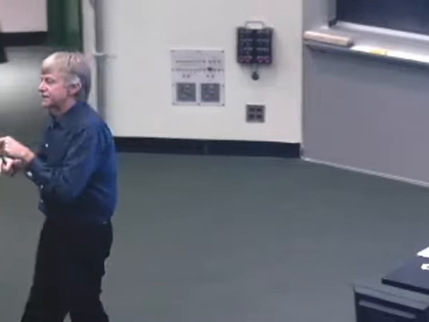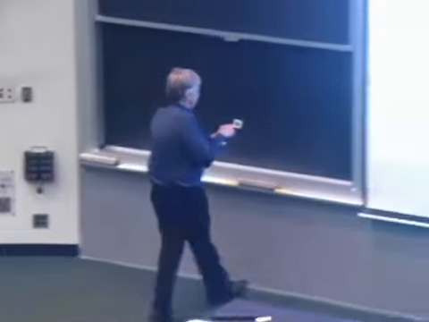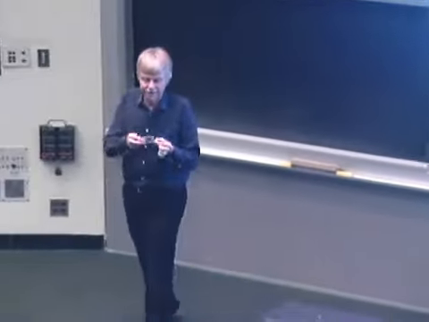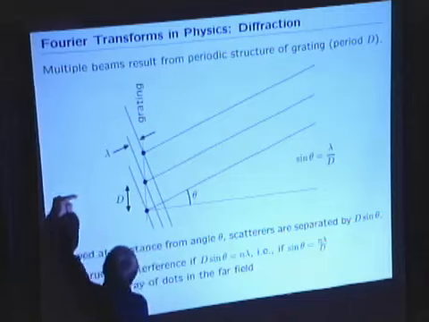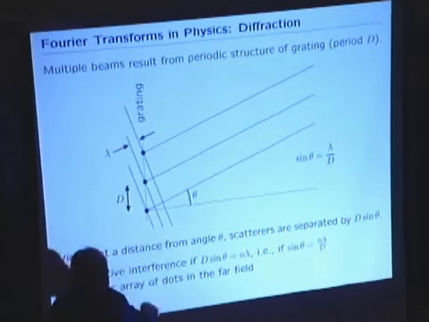And the reason that you see the far field pattern, we call that the far field pattern as opposed to the near field pattern. If I were to do this and put it very close, then I would think about the pattern being the near field pattern if I get close compared to D. So if the slits are D apart, the near field is kind of D close, and the far field is when I'm far away compared to D. So if I'm far away compared to D, then you can imagine that the light's coming in this way, and each one of these generates scatter.